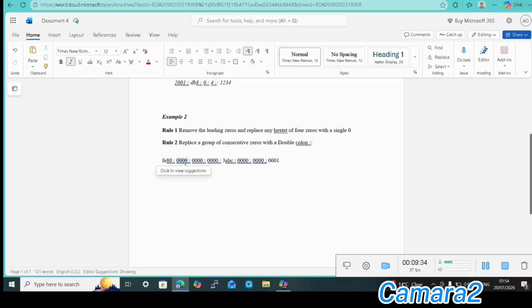So since we have 4 zeros here, we replace them with a single 0. Then we go. The same thing applies to these two. All of them are zeros, so we replace each of them with a single 0. So we have 0 and then 0 again.